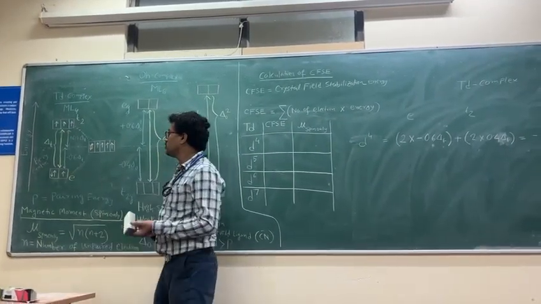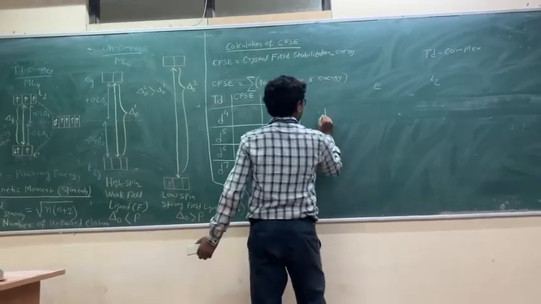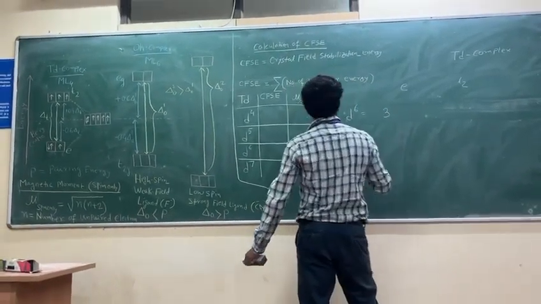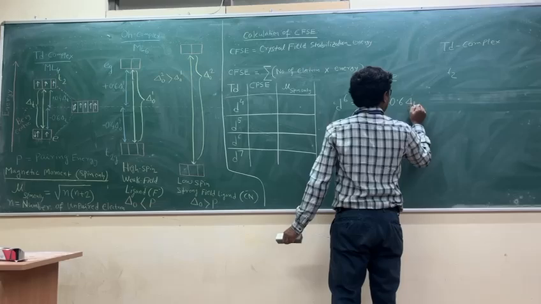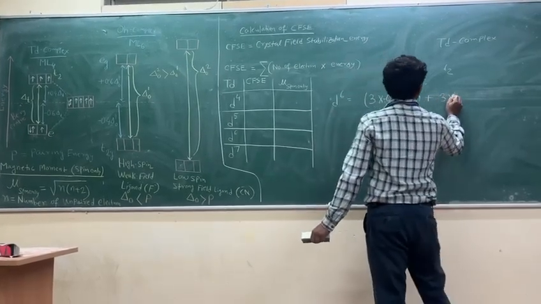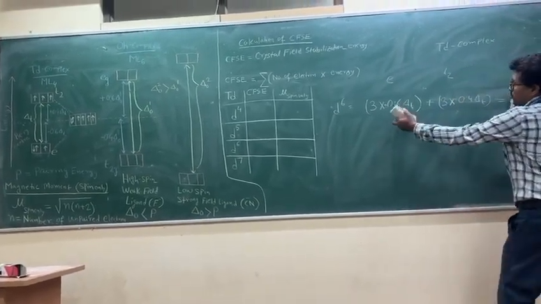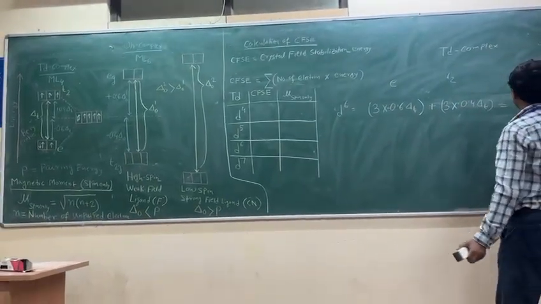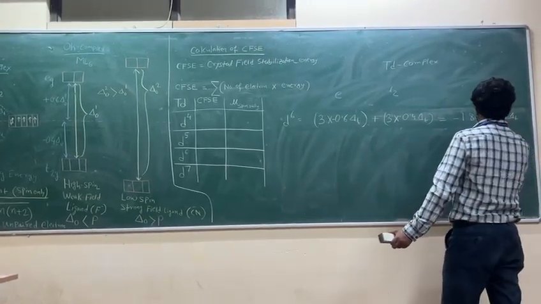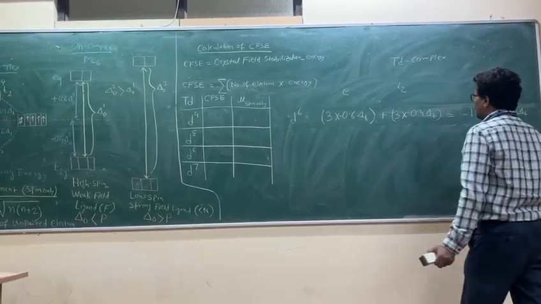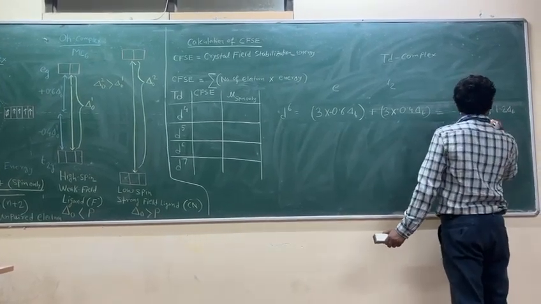So for D6, 3 electrons in E level, 3 into minus 0.6 delta T, plus 3 electrons present in the T2 level, 3 into 0.4 delta T. So overall, it will be 3 into minus 0.6 means minus 1.8 delta T plus 3 into 0.4 means 1.2 delta T. So it will be minus 1.8 plus 1.2, so minus 0.6 delta T.